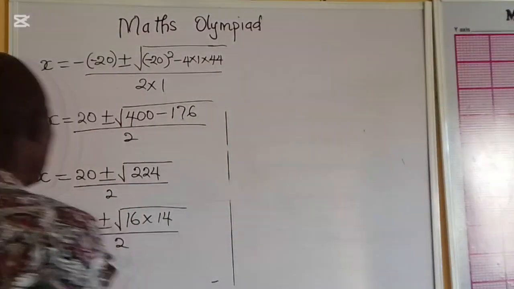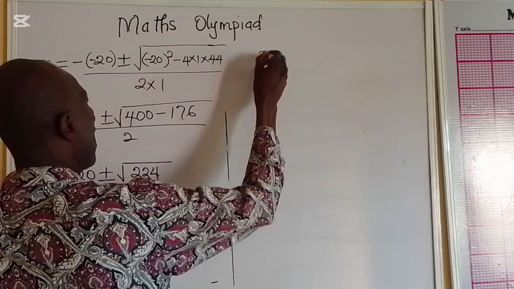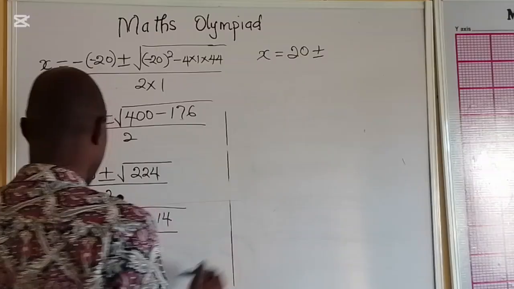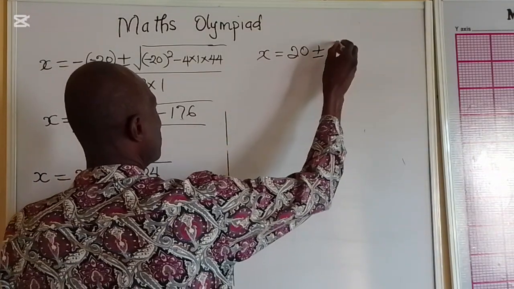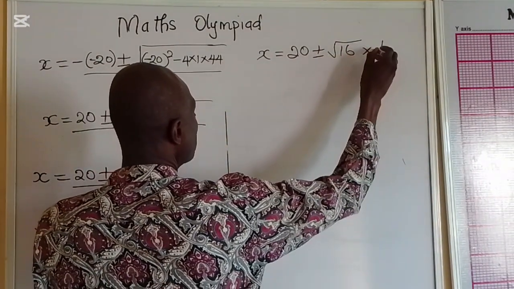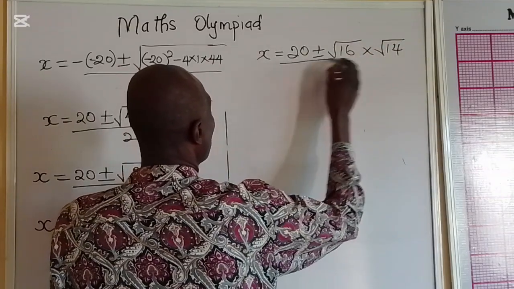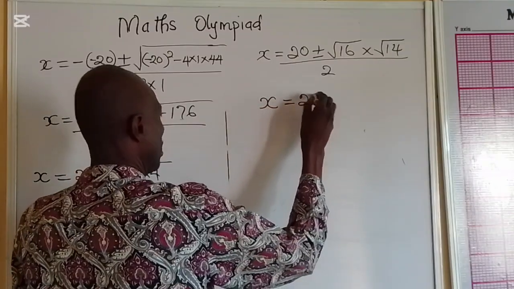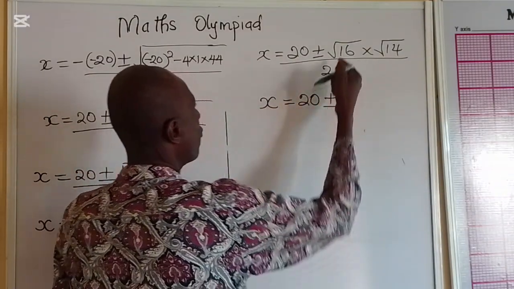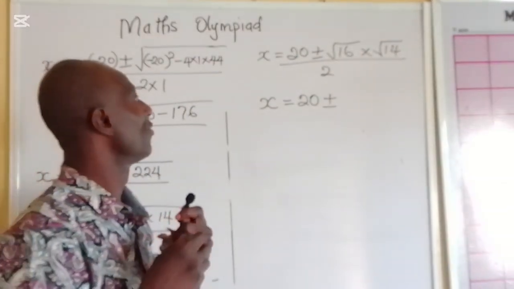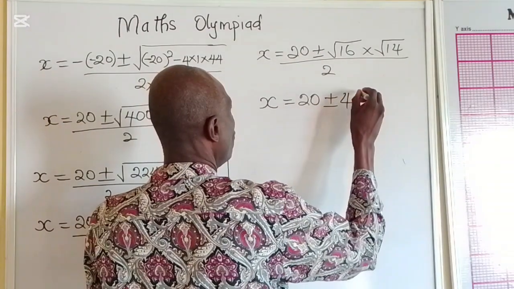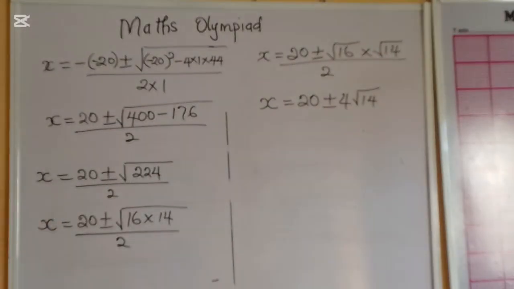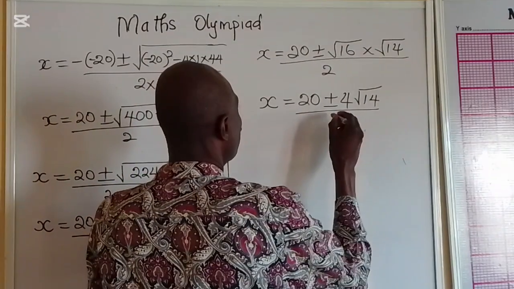Okay, let's come to this other side and solve properly so that we can arrive at an answer. Here will be x is equal to 20 plus or minus, I want to separate it, root 16 times root 14, all over 2. So x is equal to 20 plus or minus, the root of 16 is 4, so that gives us 4 root 14 over 2.